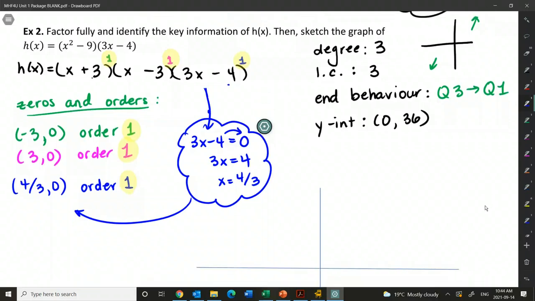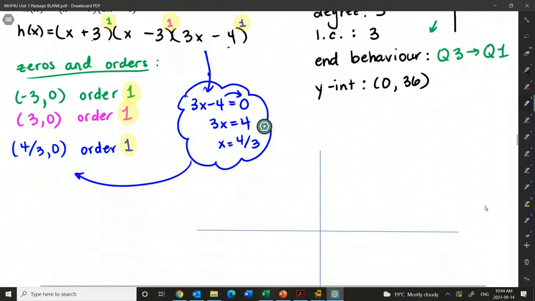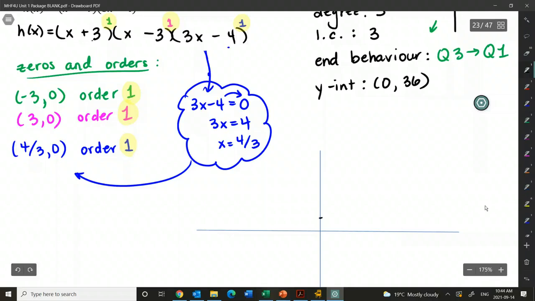So this is about like 1.3 repeated, 1.33333 forever. So I think I'm going to go by, maybe we can go by 9s here. 9, 18, 27, 36 for the y's. And for the x's, I'll just go by 1s.